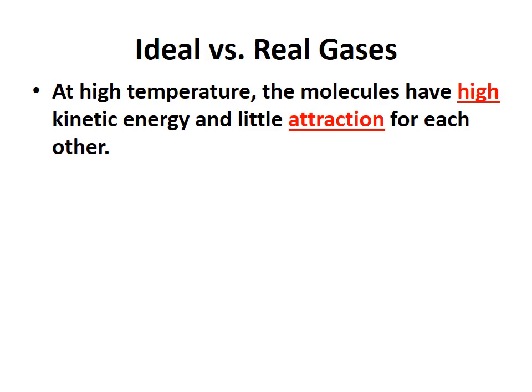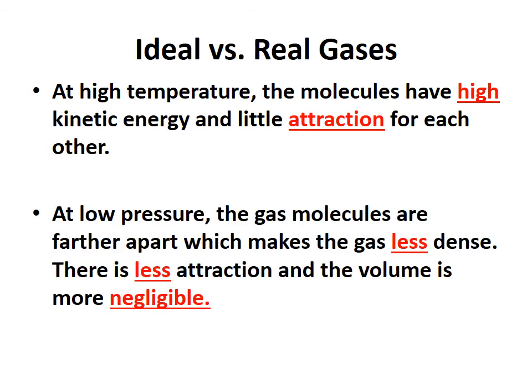At high temperature, the molecules have a high kinetic energy and little attraction for each other. If there's little attraction, then there's nothing really slowing them down, so they're going to keep on moving. At low pressure, the gas molecules are farther apart, which makes the gas less dense. And if it's less dense, there's less attraction and the volume is more negligible.